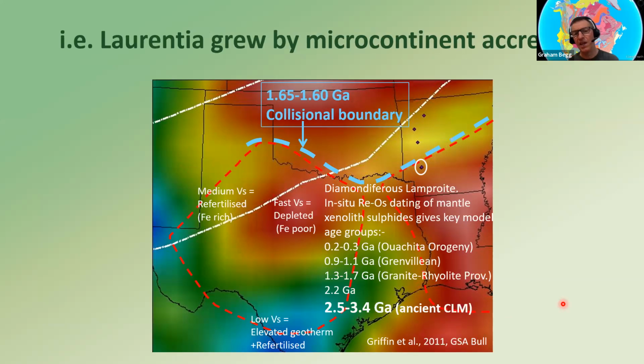So what we would say is that North America actually grew by the addition of microcontinents, and it was subduction and rifting and lots of arc activity that enabled these ribbons to migrate across oceans and collide with North America.